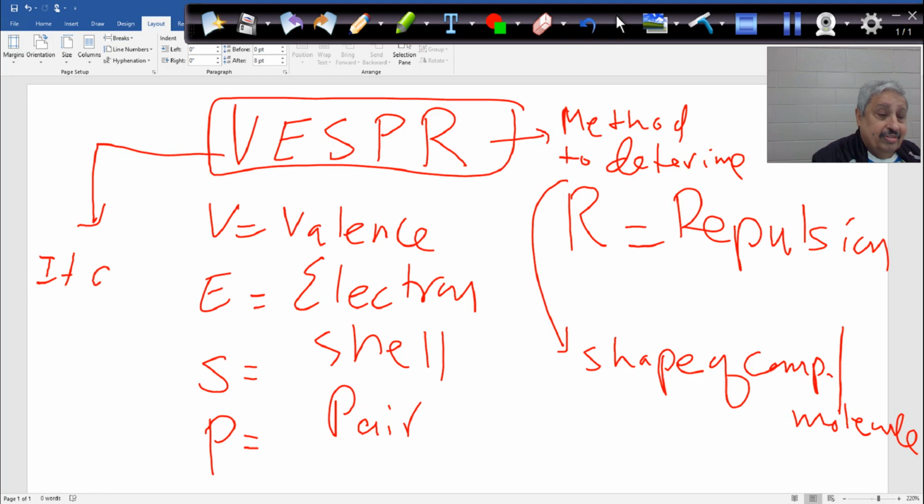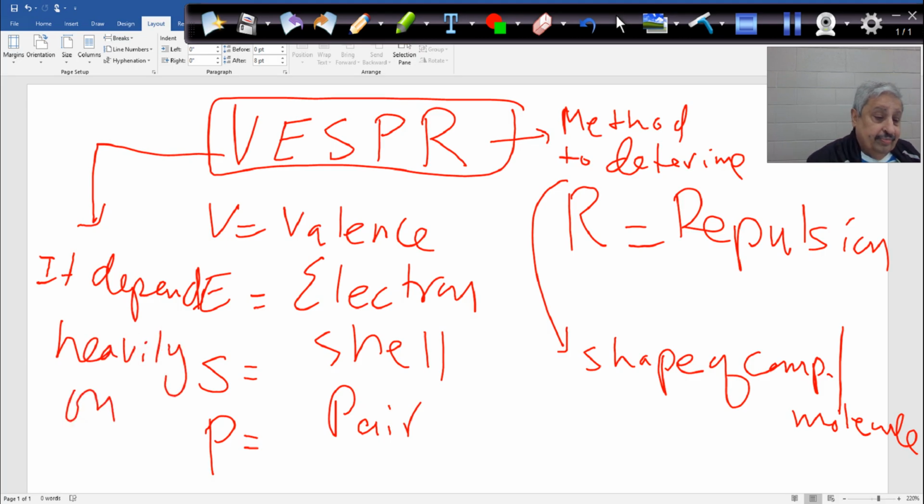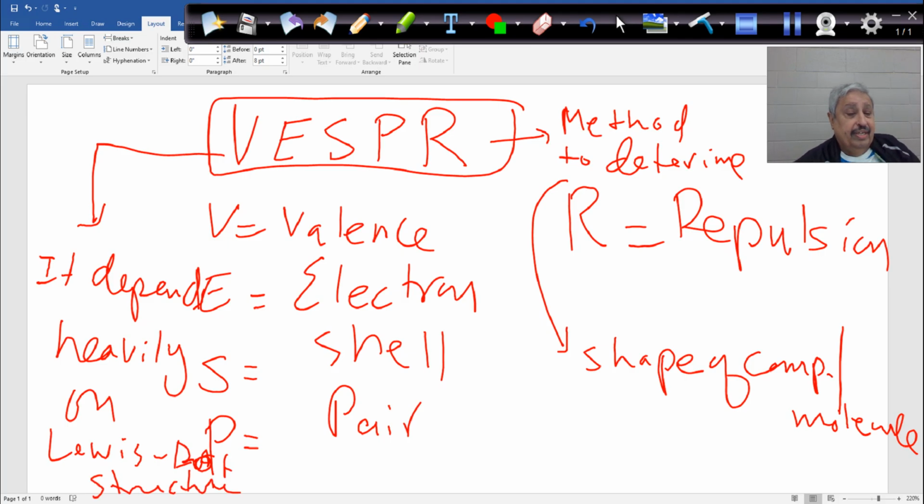It depends heavily on the Lewis dot structure. The dots are particles, correct?